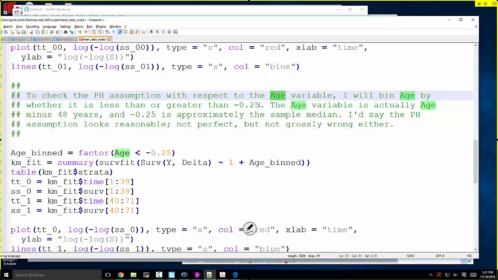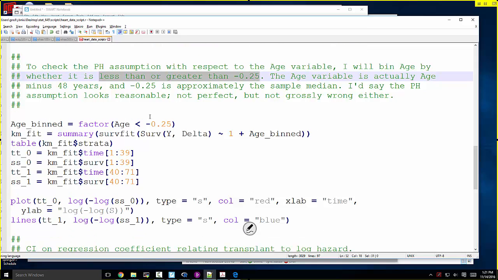So we're going to bin age by whether or not it is less than or greater than minus 0.25. That's approximately the sample median in these data because these data were median centered for age. Age is actually age minus 48 years. So minus 0.25 is approximately the sample median. So like we did above, I'm going to create a categorical variable, yes or no, is age less than minus 0.25.